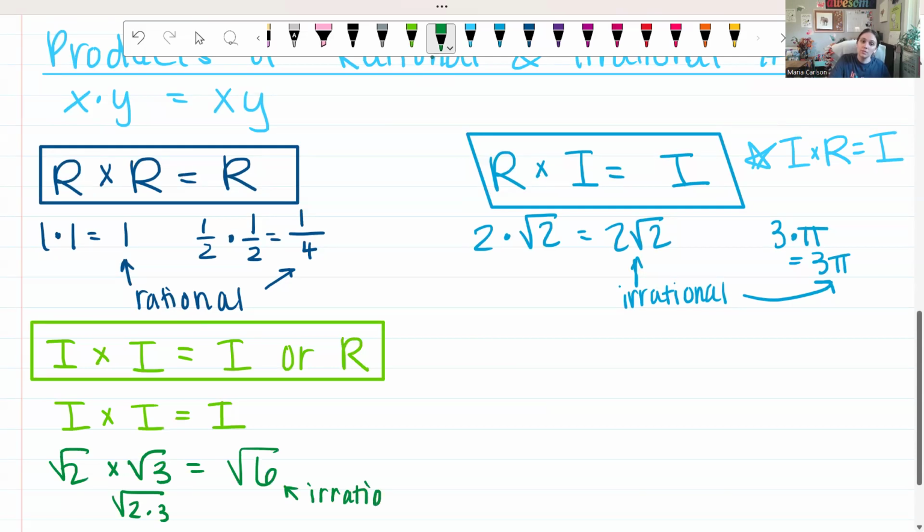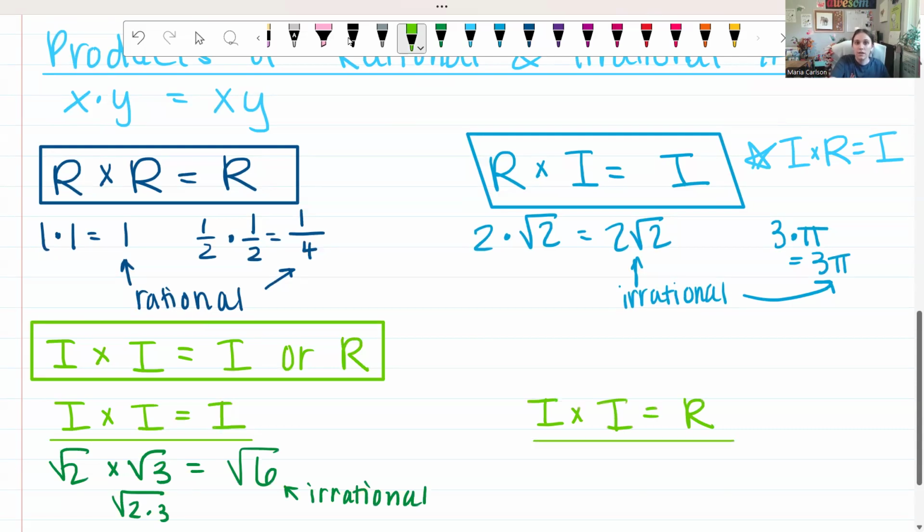So sometimes you multiply two irrational numbers together, like the square root of 2 and the square root of 3, and it remains irrational. But sometimes you multiply two irrational numbers together and you get a rational result.